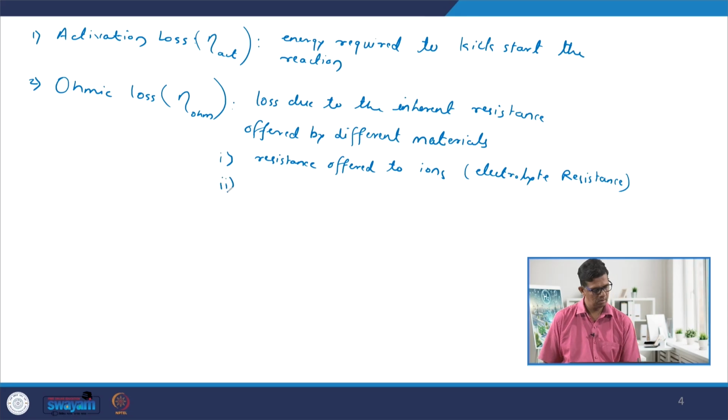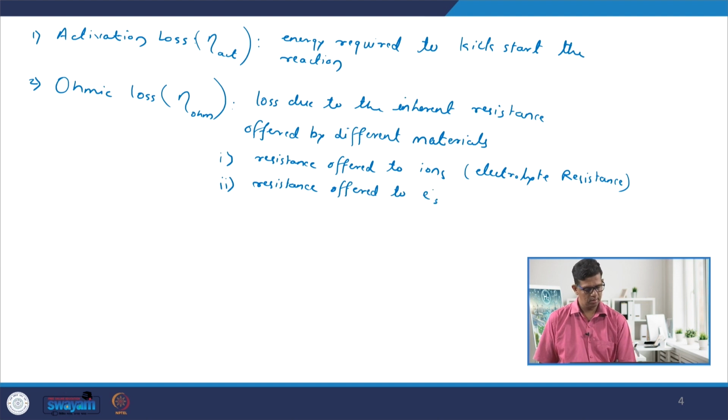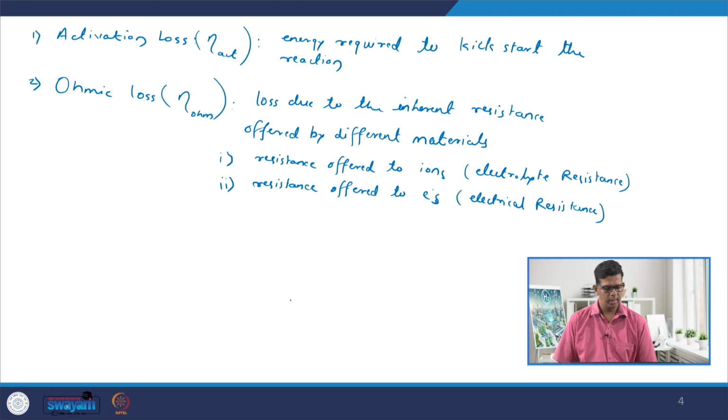Second is the resistance offered to electrons. So, this is basically electrical resistance. So, basically ohmic loss deals with all the charge species, and charge species is basically the ions.